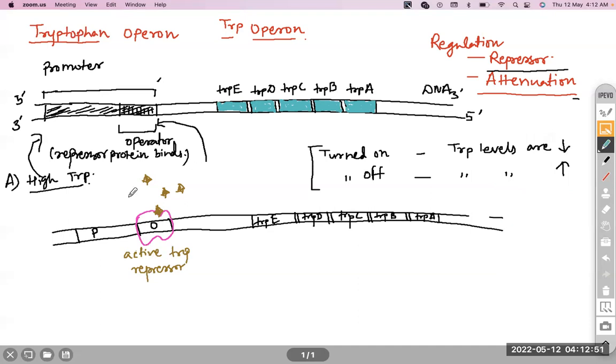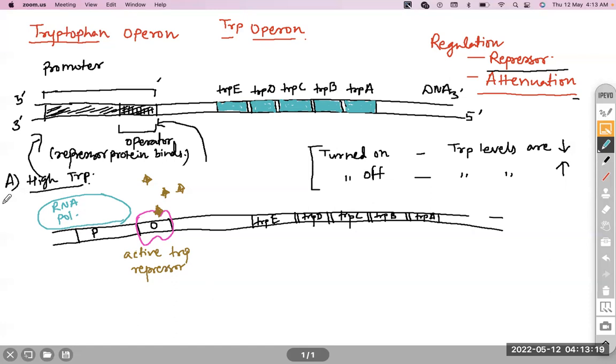It is not letting RNA polymerase move upstream and transcribe further. Okay.